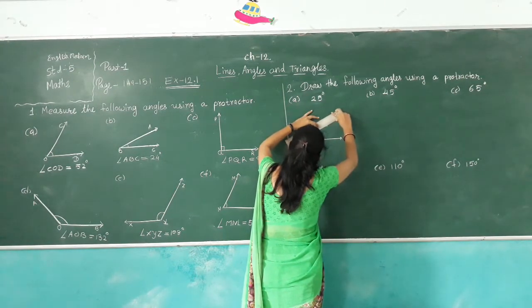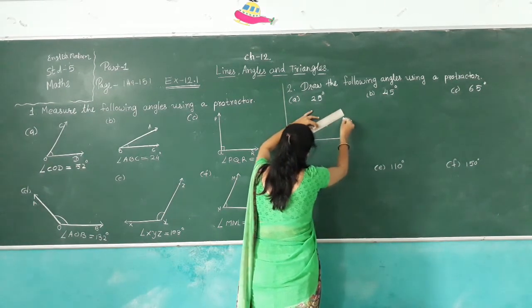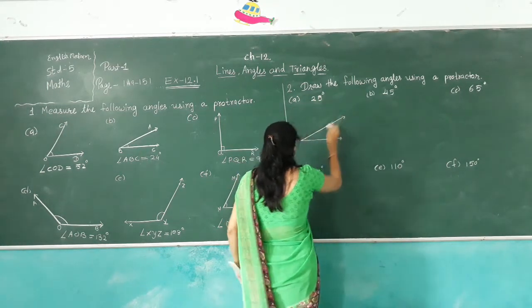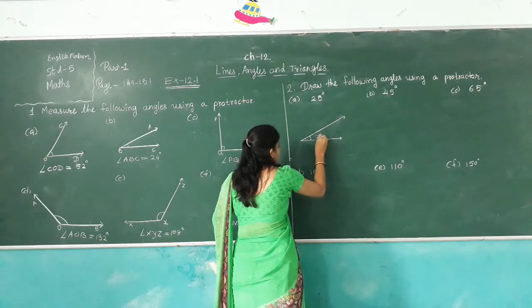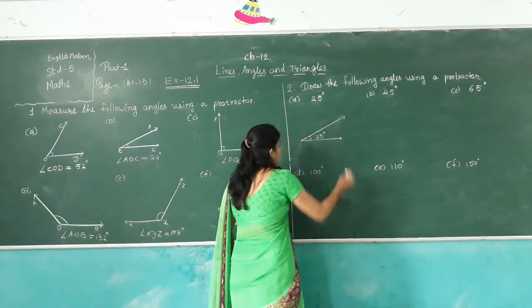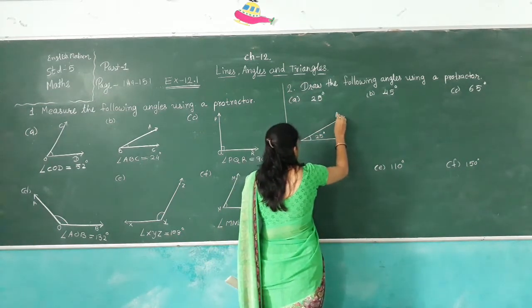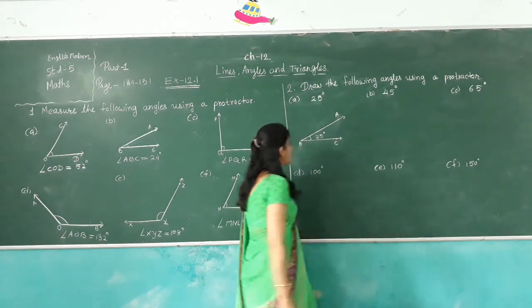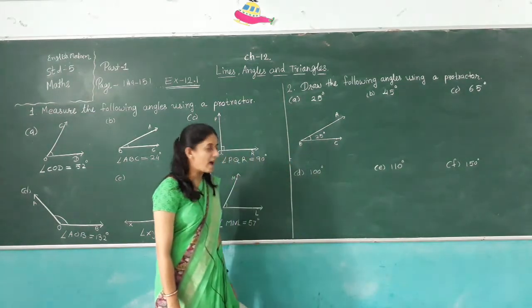This dot makes a 25 degree angle. Then give the names A, B, C. Angle ABC's measurement is 25 degrees.